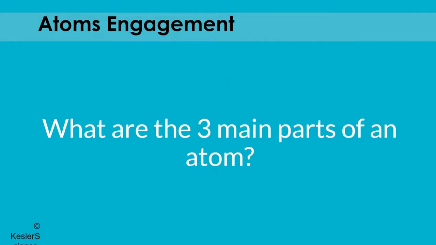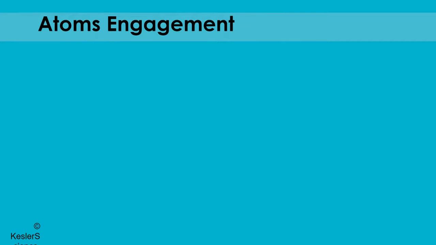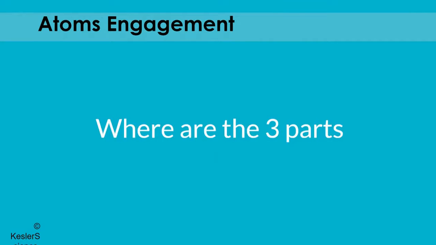What are the three main parts to an atom? Protons, neutrons, and electrons. Where are the three parts? Well, the protons and neutrons are in the center, in the yolk, in the nucleus, and the electrons are in the shell.